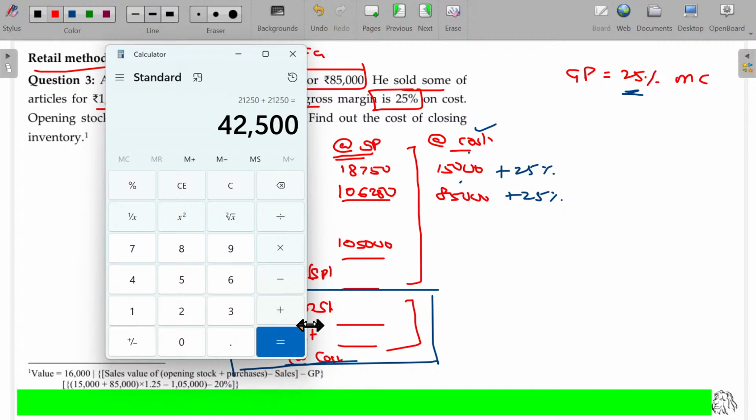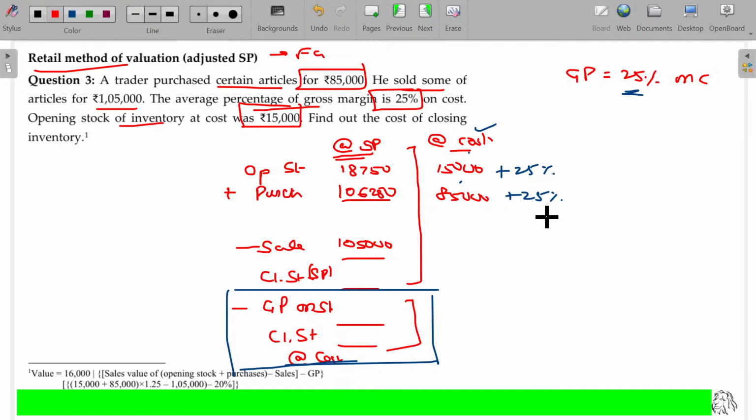Are you getting this or not? See, if it is plus 25, you calculate 25% and then it is added to the original value. Okay. Now what's the ultimate value here? 18,750 plus 1,06,050, 1,25,000.